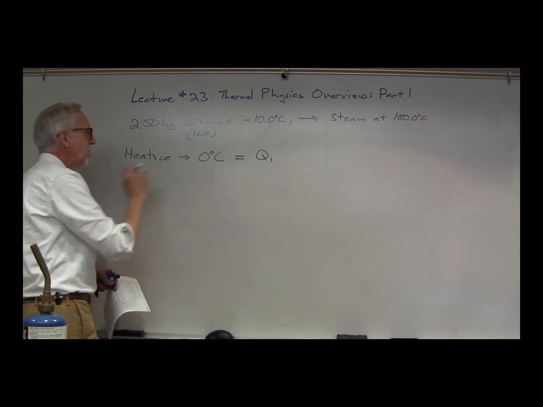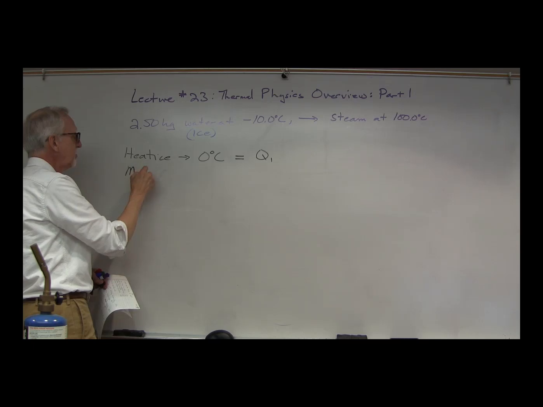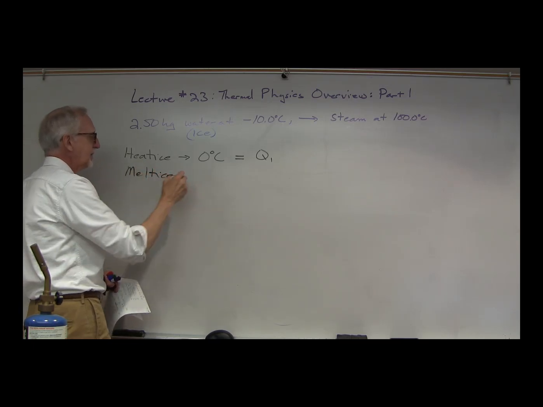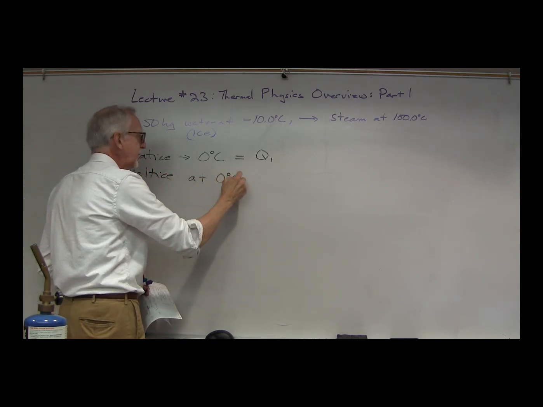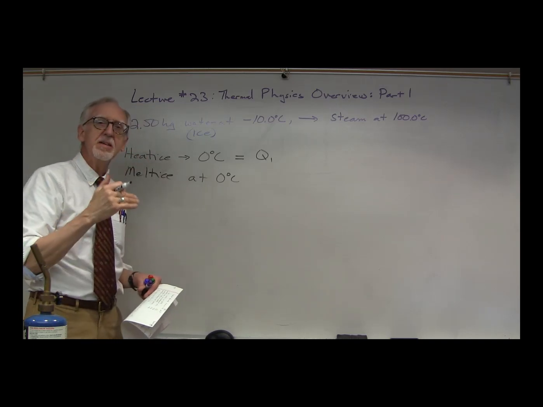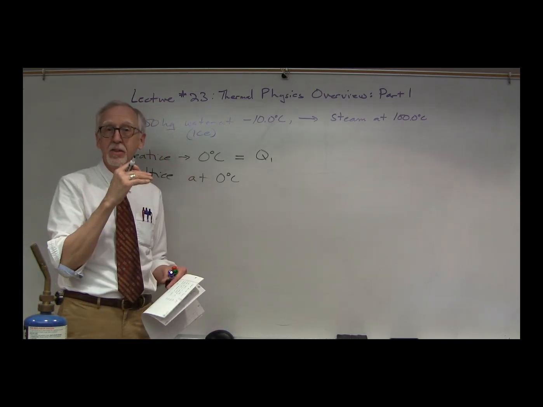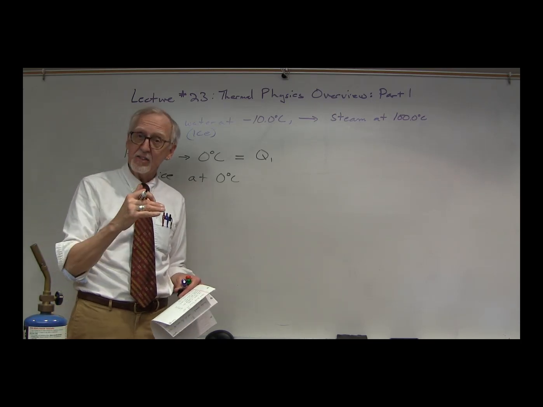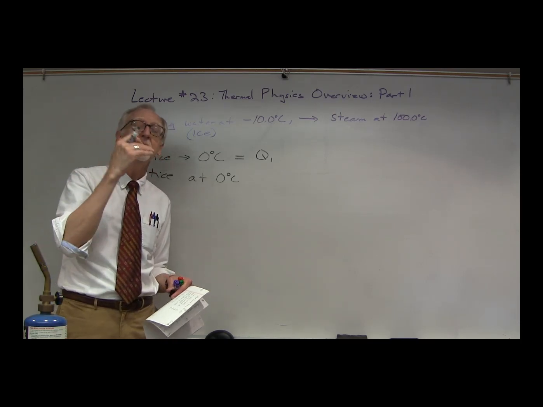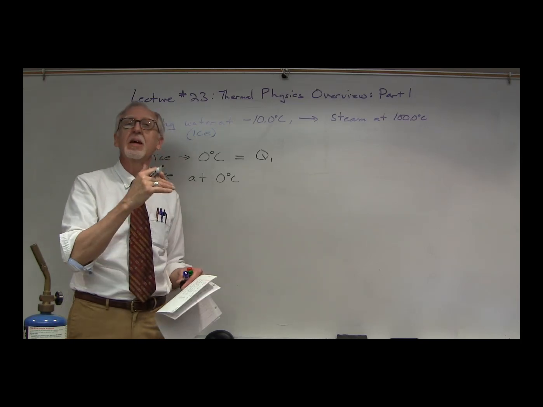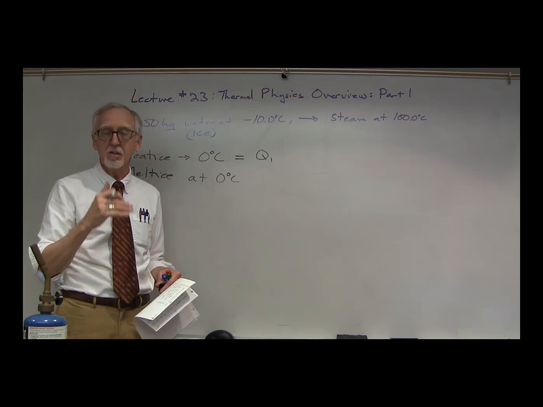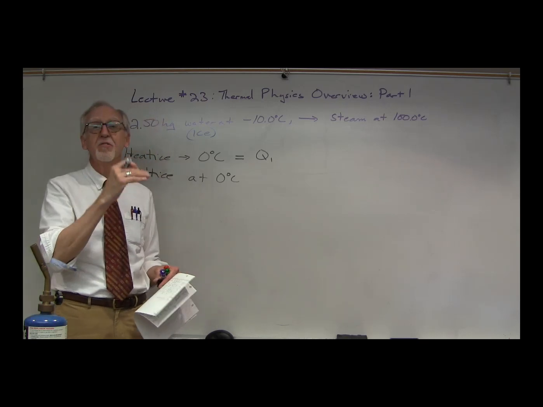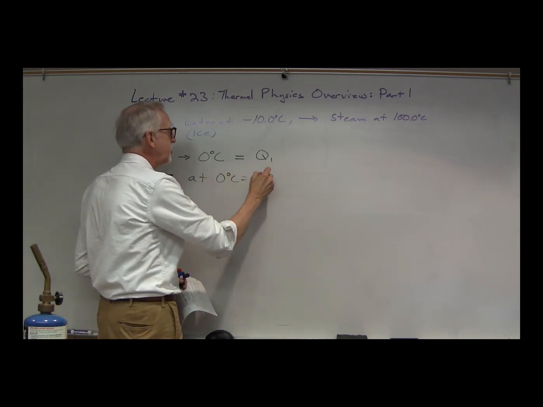So the next step is to melt the ice at 0 degrees centigrade. There's not going to be a temperature change as we melt the ice. We start out with ice at 0 degrees Celsius, and we end up with liquid water at 0 degrees Celsius. No temperature change, only a phase change. We'll call this energy Q2.